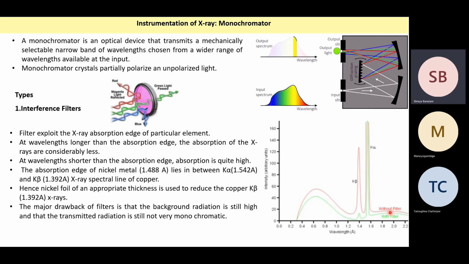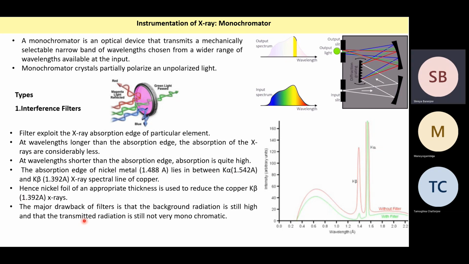But if you have a nickel filter, then the K beta radiation is selectively absorbed. So K beta reduces and K alpha passes through. So the nickel filter is allowing it to monochromate into only K alpha.